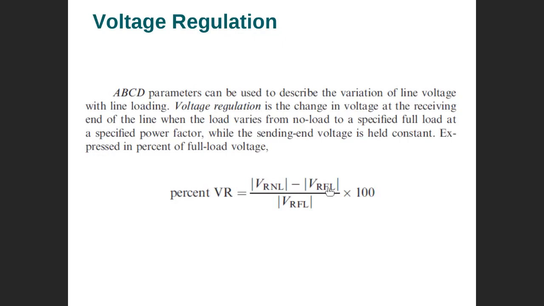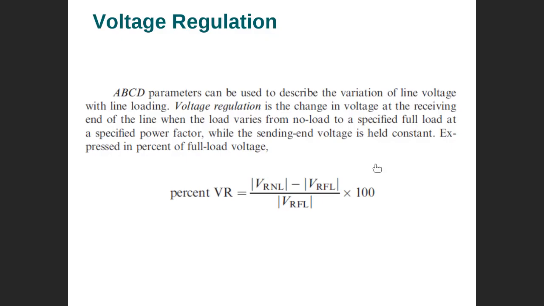If they are equal, no load equals full load, then the percent voltage regulation will be 0. So the voltage regulation is the change in voltage at the receiving end of the line when the load varies from no load to a specified load.